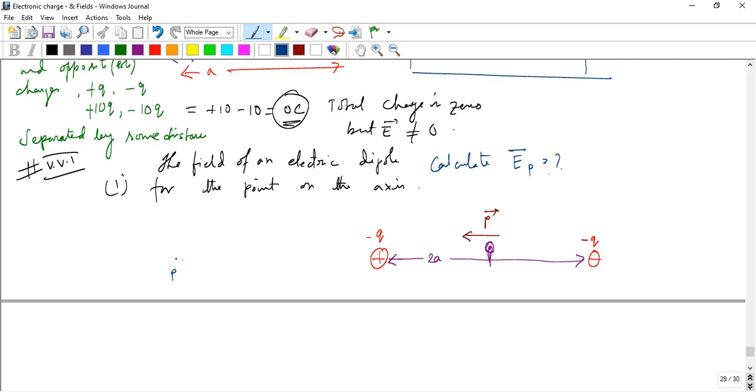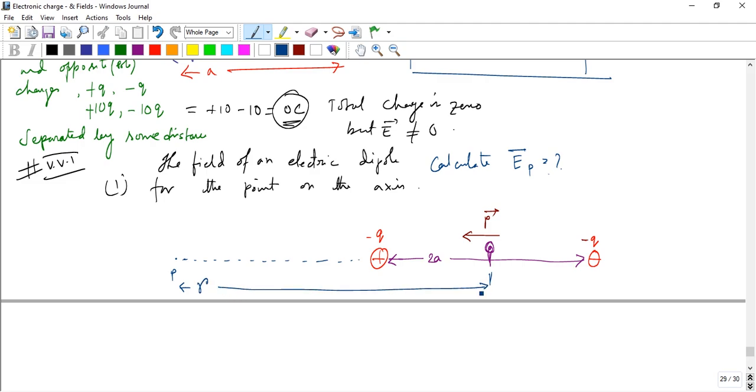We measure from the center point of the dipole to whichever point we choose to calculate the electric field. So the distance from P to the dipole center is R.